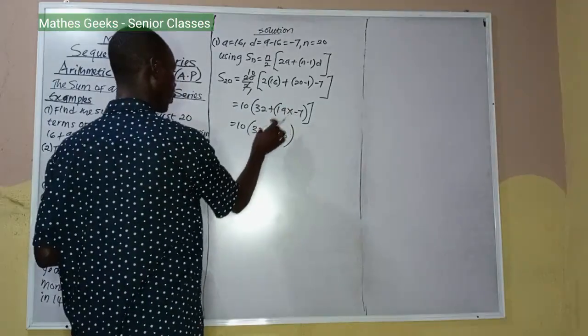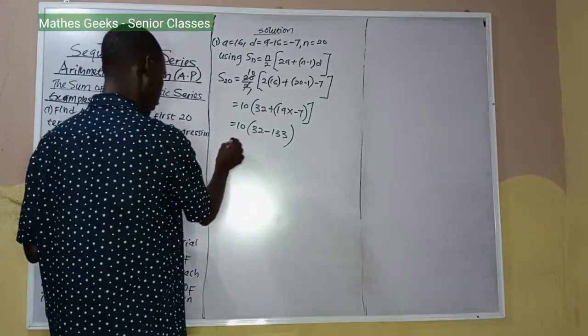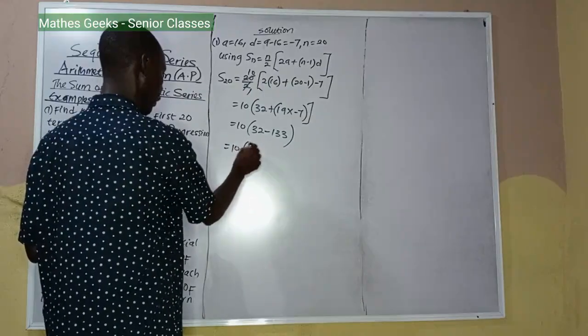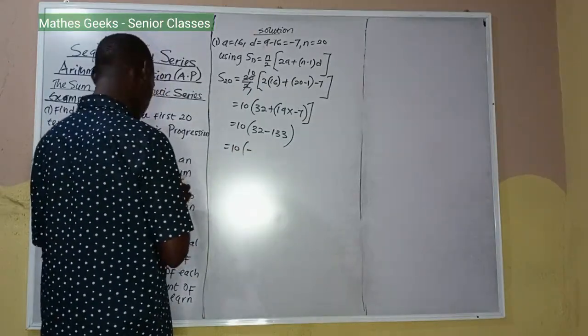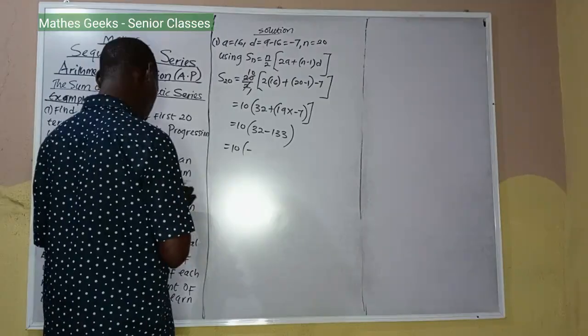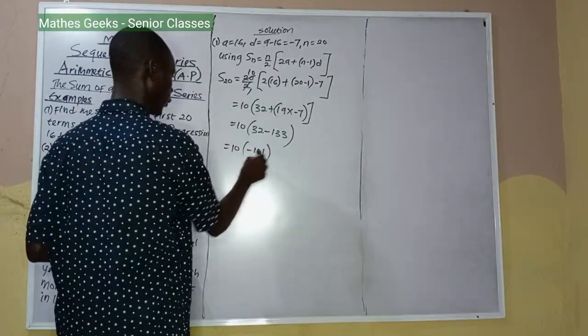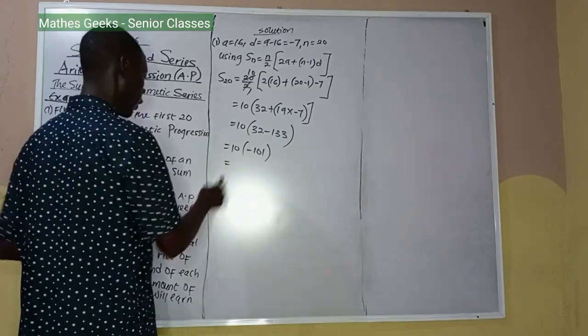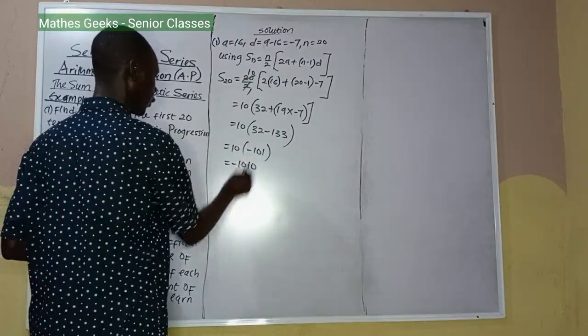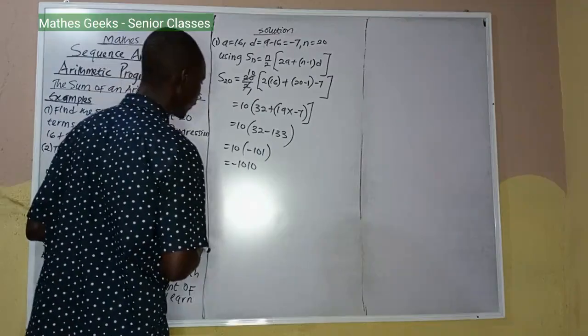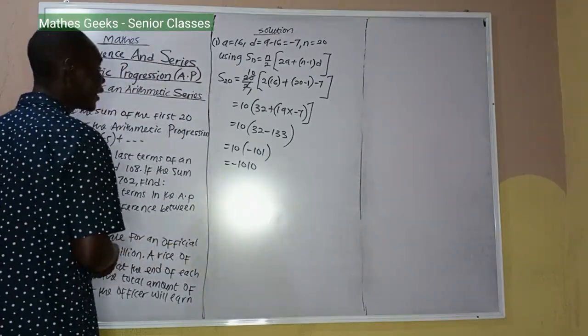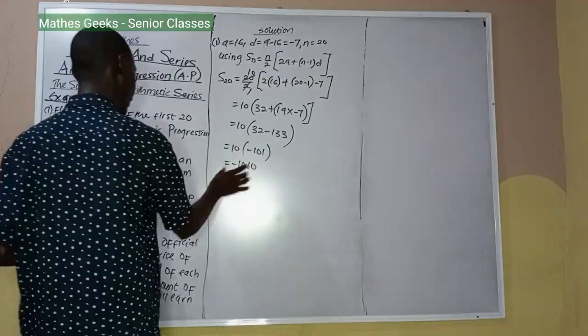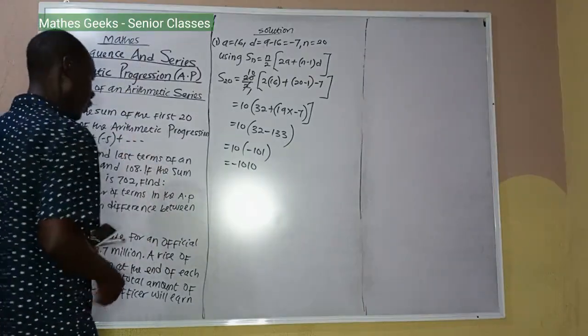So that's 10 times minus 101, and 10 times minus 101 gives minus 1010. That's the sum of the first 20 terms of this arithmetic progression.